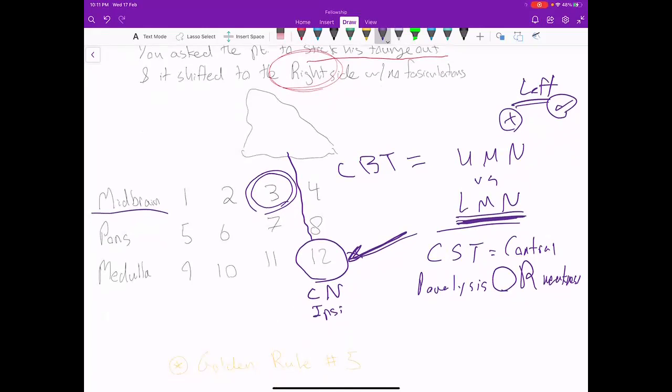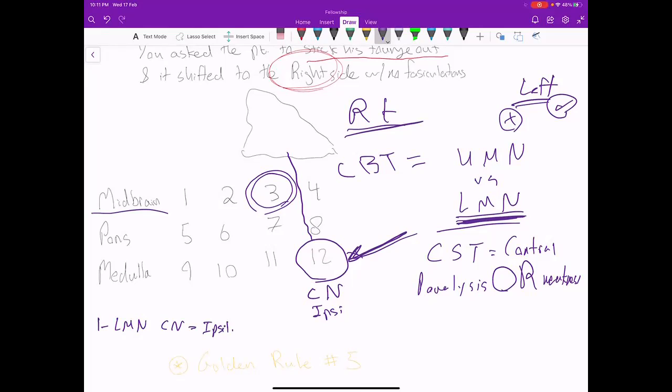Okay, so for the case of the tongue, number 1, you always confirm: you look at the corticospinal tract and see where it is. If you have paralysis on the left side of the body with a brainstem lesion, then we know the lesion must be right-sided. Number 1 rule is lower motor neurons of cranial nerves must be ipsilateral.